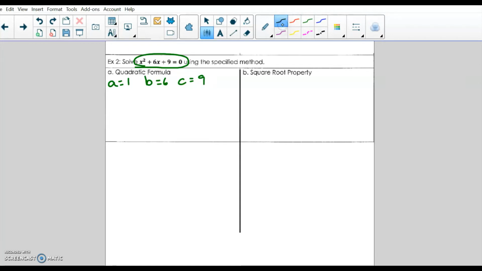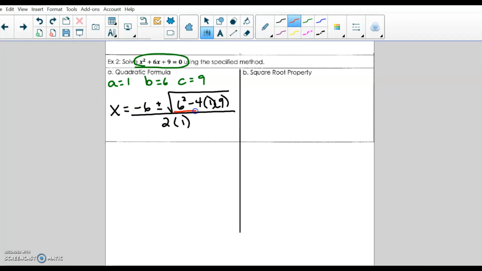So let's get into the quadratic formula. X equals negative B, so change the sign of B. Negative 6 plus minus square root 6 squared minus 4 times 1 times 9, all divided by 2 times 1.